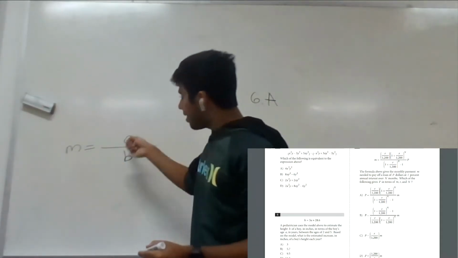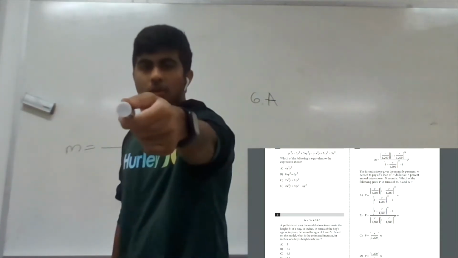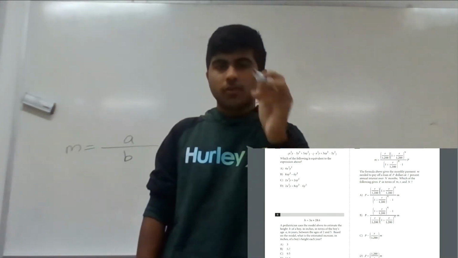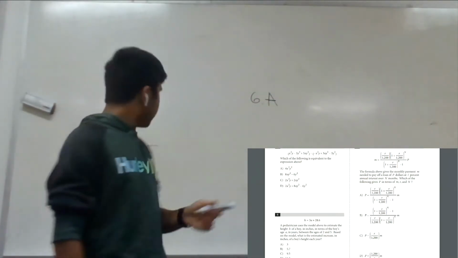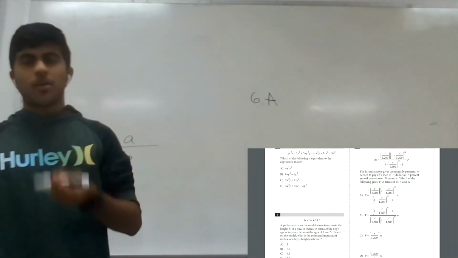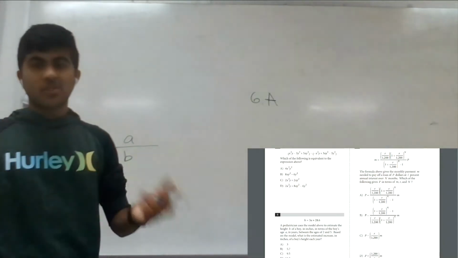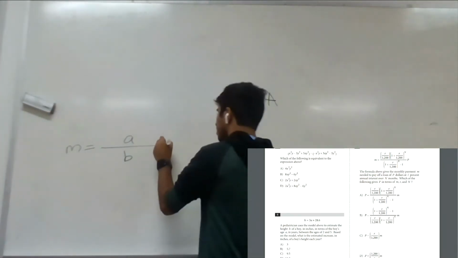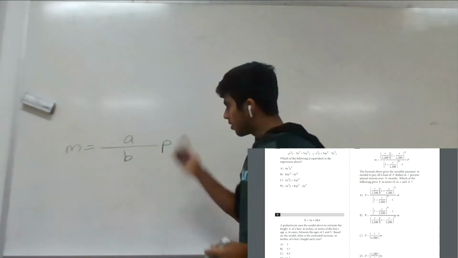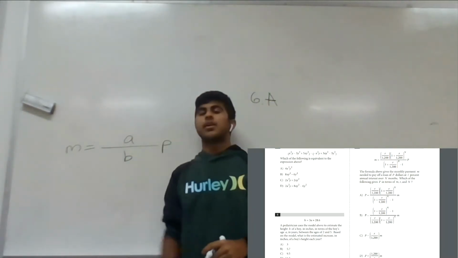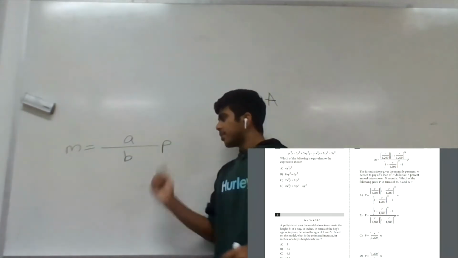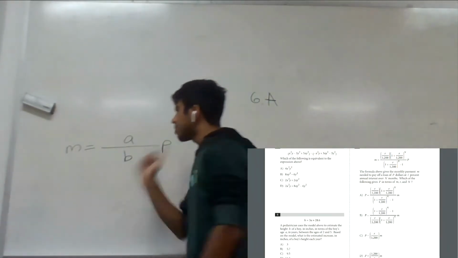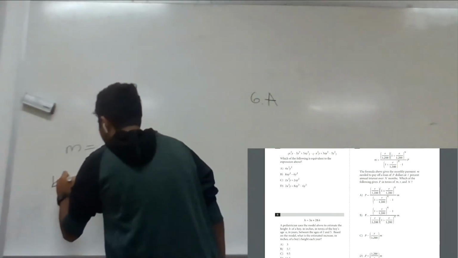So you have that a here is going to equal r over 1200 times (1 plus r over 1200) to the n, and then b here is going to equal (1 plus r over 1200) to the n minus 1. So that's what a and b are, and then you just have the p. And they're asking us to solve for p in terms of everything else. So if you look at this, it looks pretty easy now, right? You multiply by b on both sides, and you get bm equals ap.